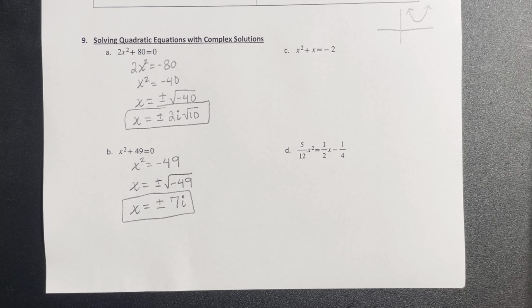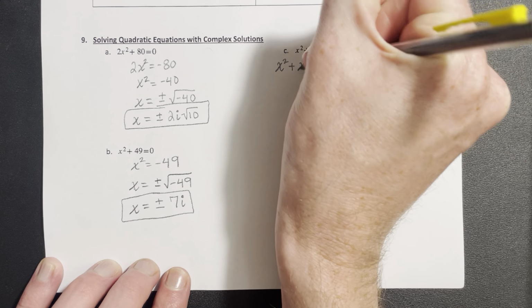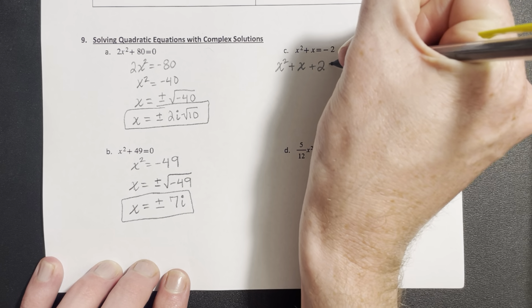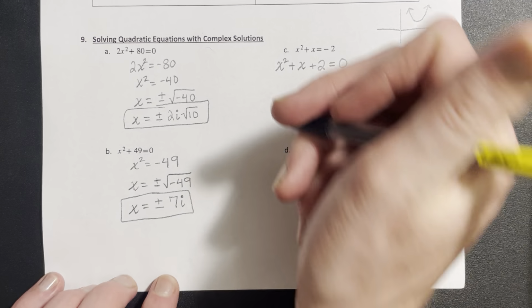For c, we need to get the equation equal to 0. So we have x squared plus x equals negative 2. If I add 2 to both sides, we have x squared plus x plus 2 equals 0. And we find a function that will not factor. Since it will not factor, we're going to need to do the quadratic formula.